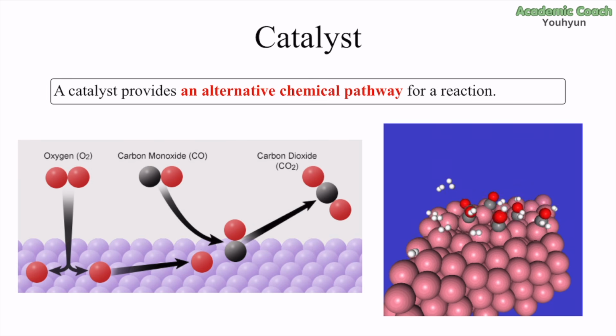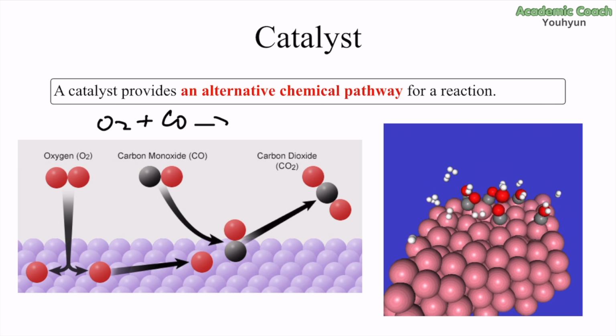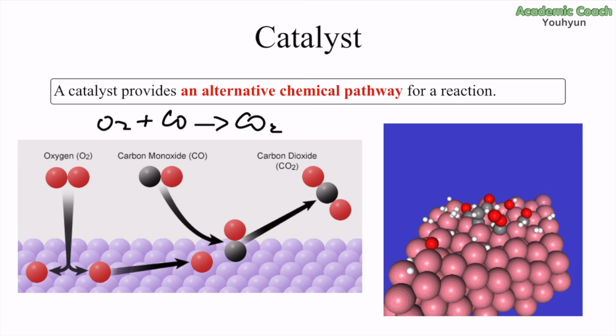For example, when it comes to the reaction between oxygen molecule and carbon monoxide to produce carbon dioxide, the copper catalyst will provide a new pathway by attracting the oxygen to itself and dissociating it into two separate oxygen atoms.